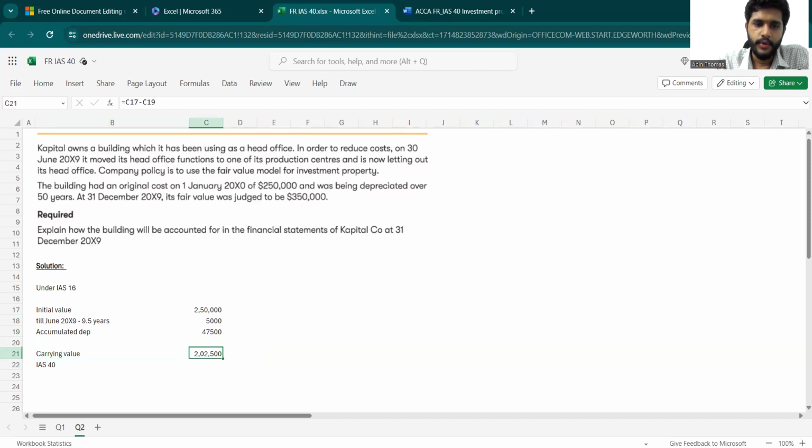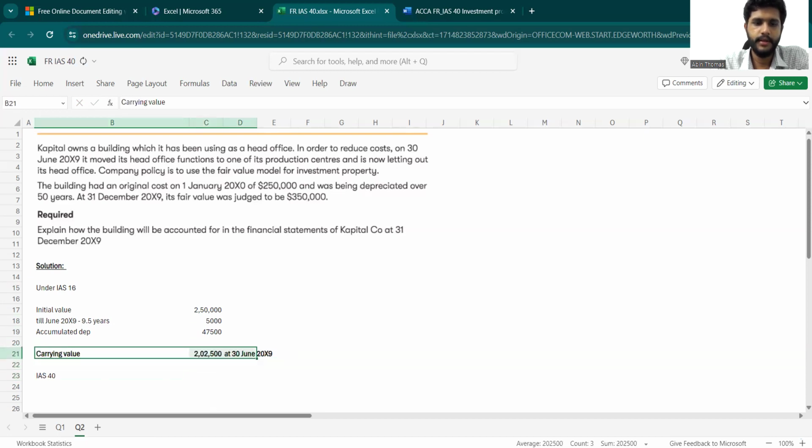So 202,500 will be the carrying value at 30th June 20X9. Good. You got the picture?